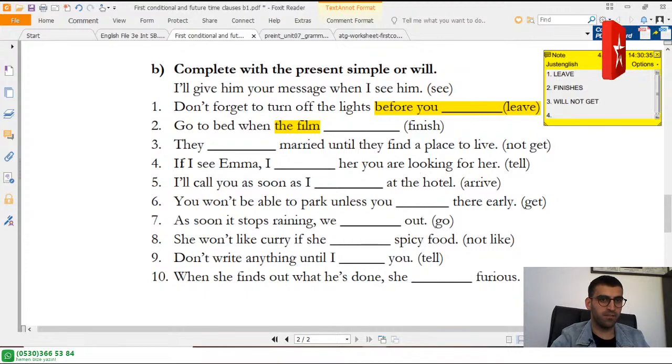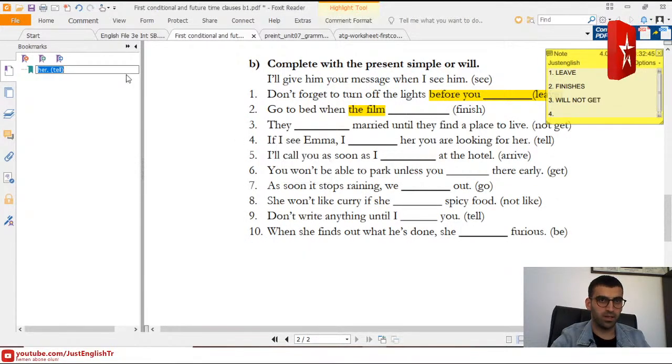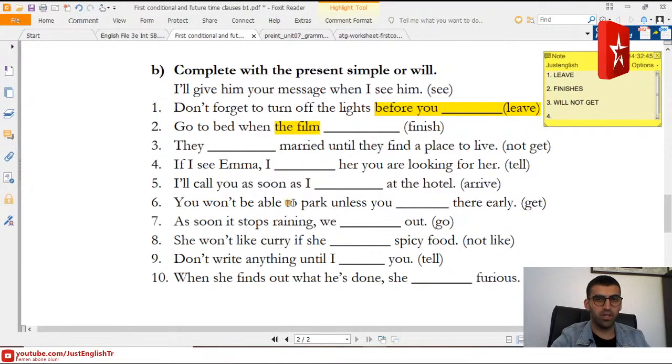Yes, because if side, we have a present simple and in the main clause, we have to use a future simple. Like, if I see Emma, I will tell her. I'll tell is a correct answer for number 4. Will tell is a correct answer.